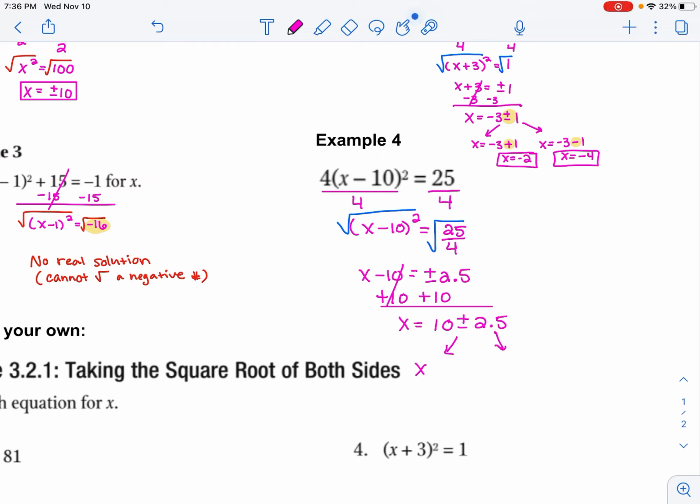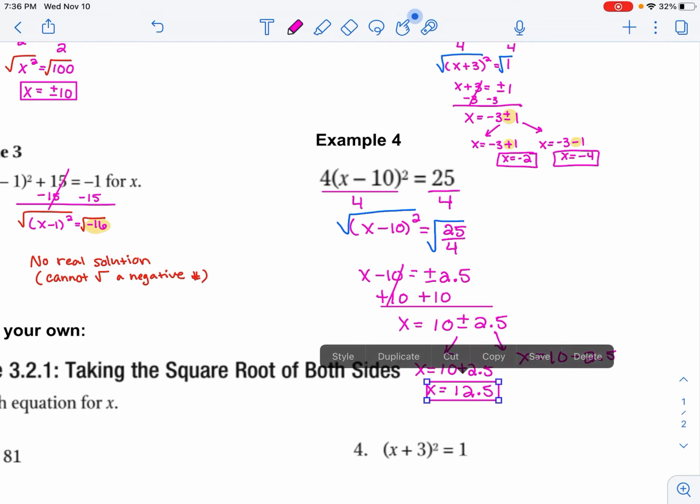So I need to figure out what's 10 plus 2.5 and what's 10 minus 2.5. Well, 10 plus 2.5 is 12.5. And my other answer, 10 minus 2.5, so that would be 7.5.